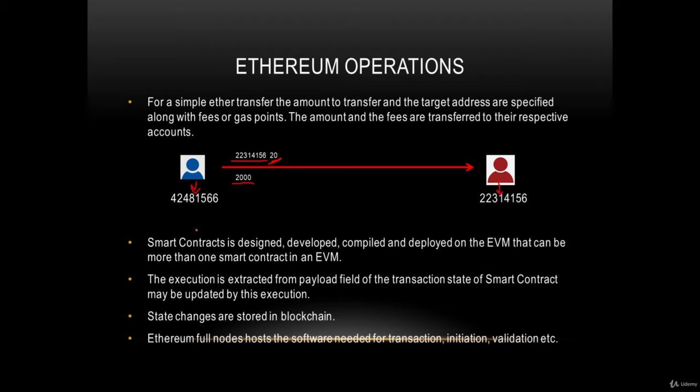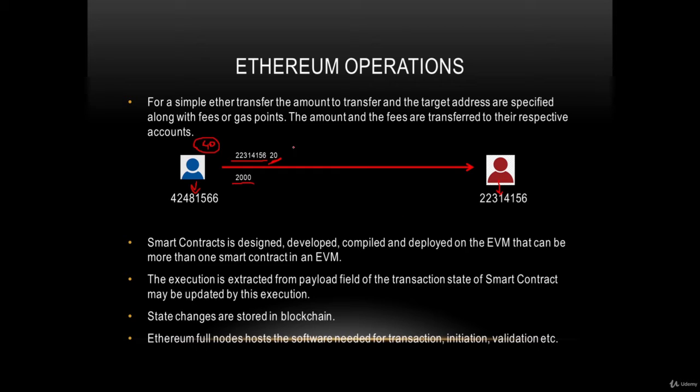The execution is extracted from the payload fields of the transaction. The state of the smart contract may be updated by this execution. So the execution happening out here is taken from the payload field. Payload field is as in the Coinbase, or you can call it the ether balance out here. So he has, say, 40 ethers.